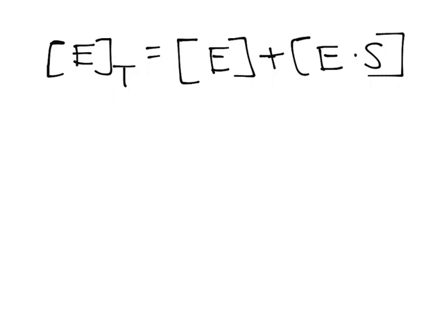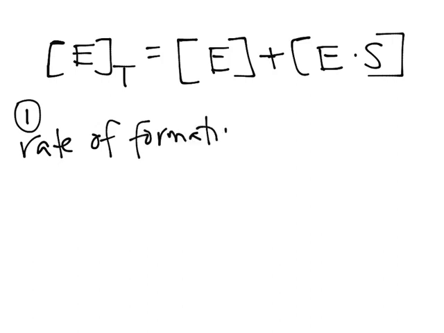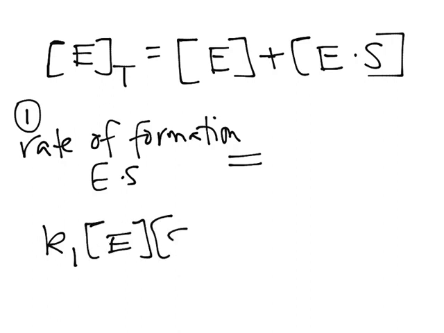Then we can also write a couple of equations. The rate of formation of the enzyme substrate complex is going to be K1 times the concentration of enzyme times the concentration of substrate.